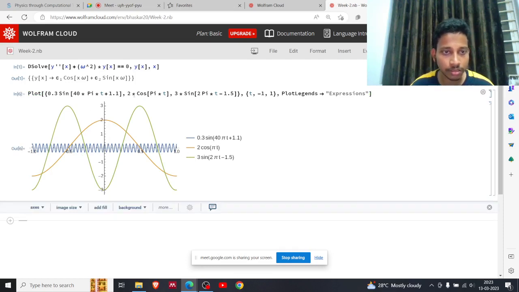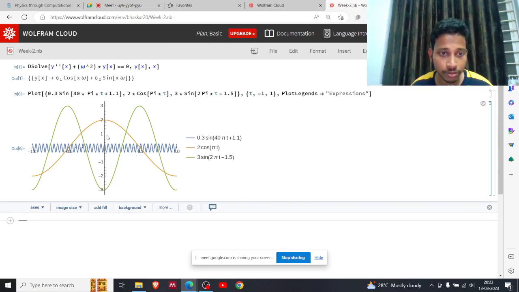Now the second motion is 2 cos pi t, where there is no phase, so it is perfectly maximum at t equal to 0, that is x equal to 2. The frequency is 0.5 hertz, and the initial phase is 0, the time period is 2.